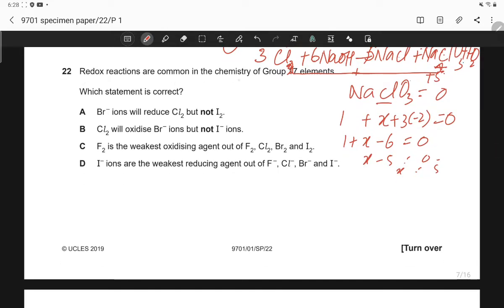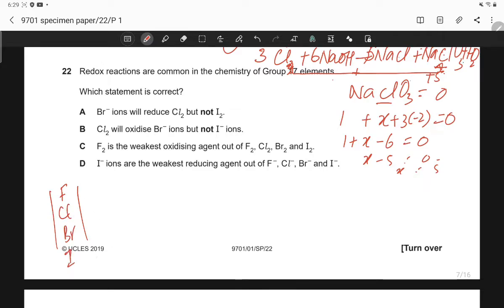Redox reactions are common in the chemistry of group 7 elements. Which statement is correct? Bromide ions will reduce Cl2 but not I2. This is group 7: chlorine, bromine, iodine.